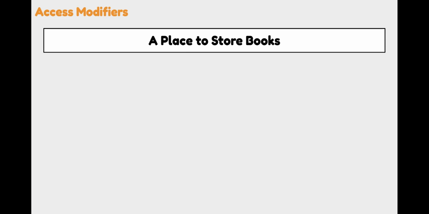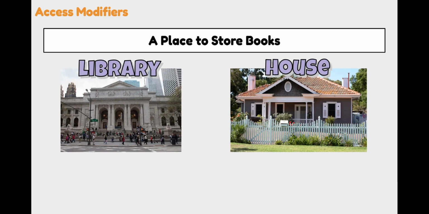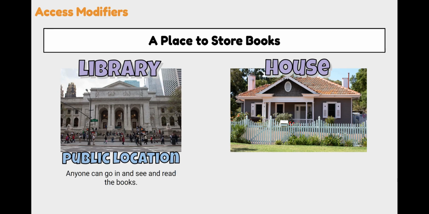In order to get a better handle on what an access modifier is, we're going to think about a place to store books. There are 2 good places to store books. One of them would be a library, and the other one would be your house. Now, these are 2 very different locations in which to store books. The library is a public location.